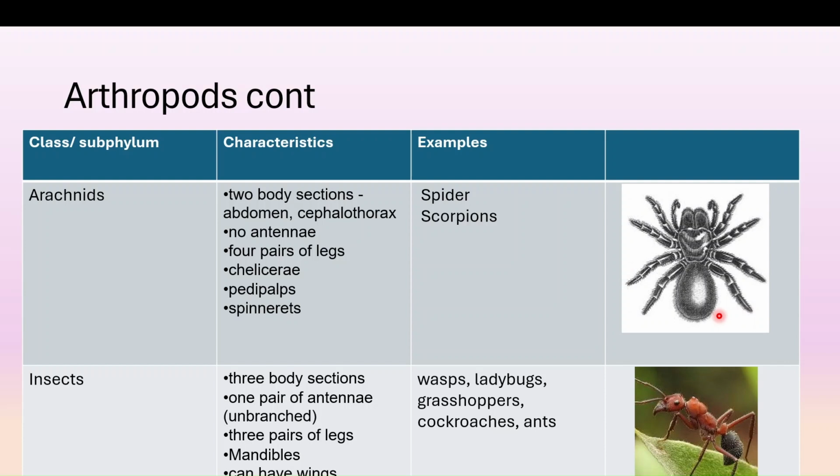They have 3 body parts, 1 pair of antennae, 3 pairs of legs, and sometimes they can have wings. They also have a mandible. Examples are wasps, ladybugs, grasshoppers, cockroaches, and ants.